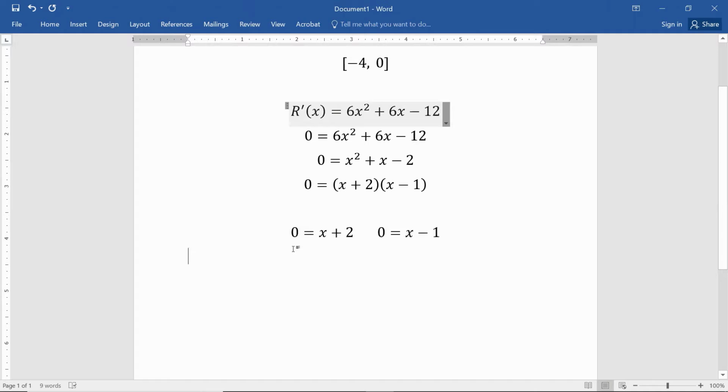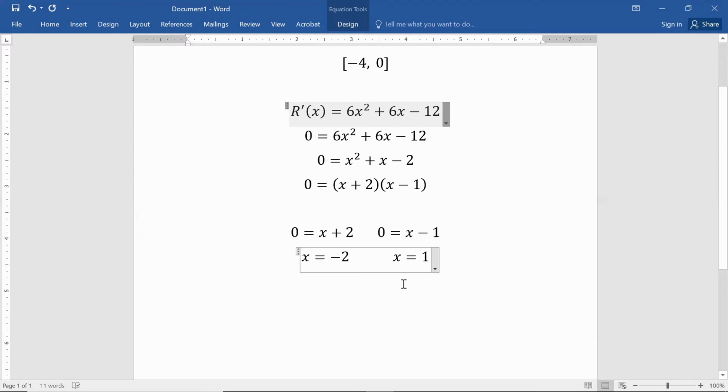If I solve 0 equals x plus 2, x equals -2 is my answer. If I solve 0 equals x minus 1, x equals +1 is my answer. That means I have two critical values.